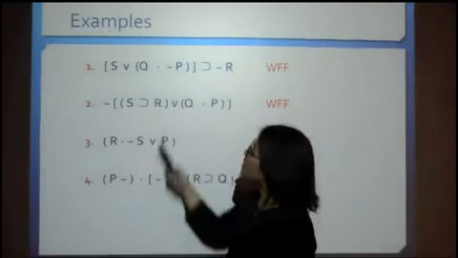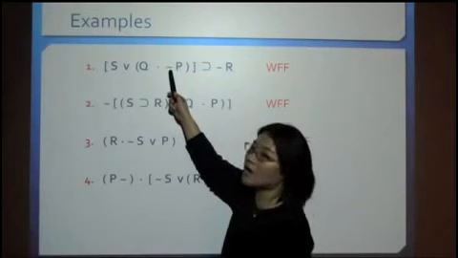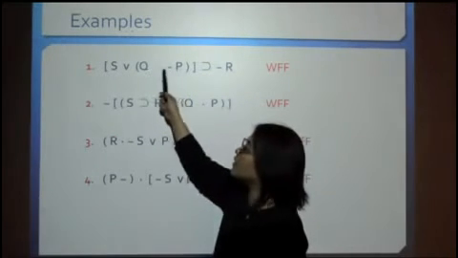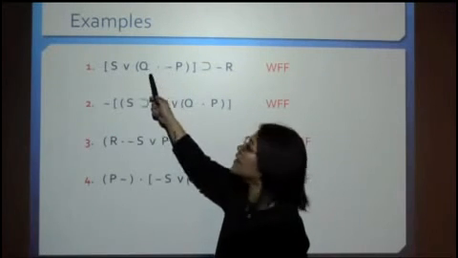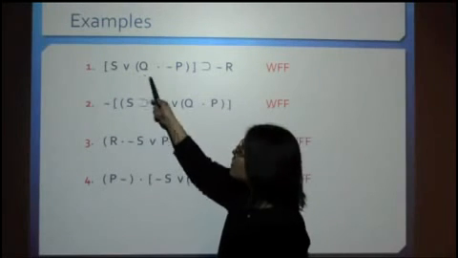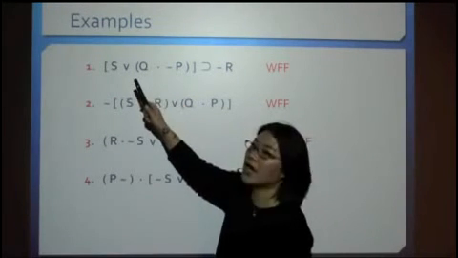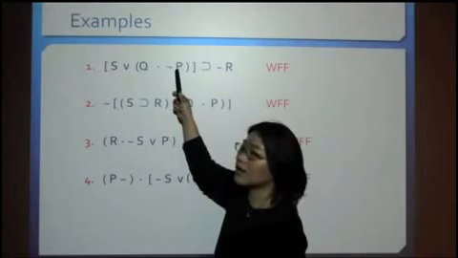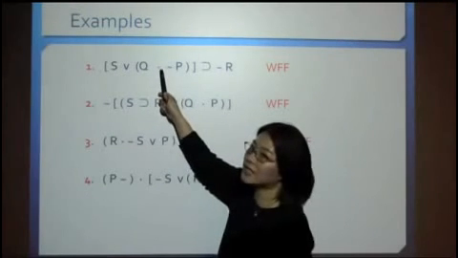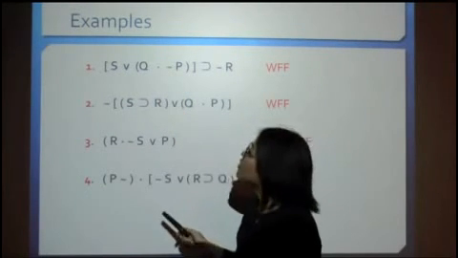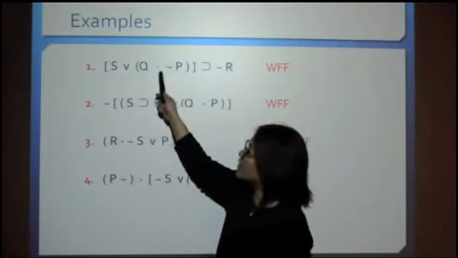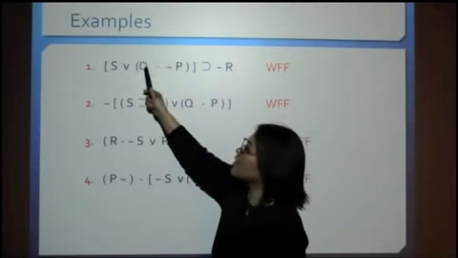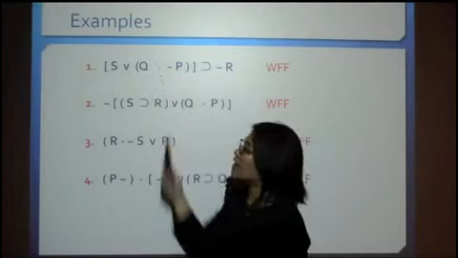Okay, we also see that this negation is not by itself in between the 2 statements. So here we have the parentheses being used correctly because we have 2 statements along with a connective, and the negation is not by itself in between 2 statements, okay?